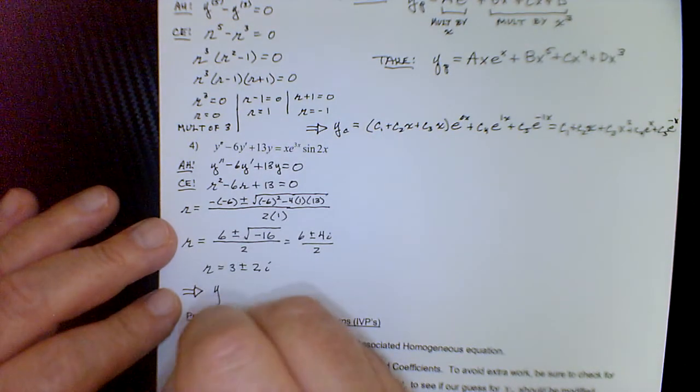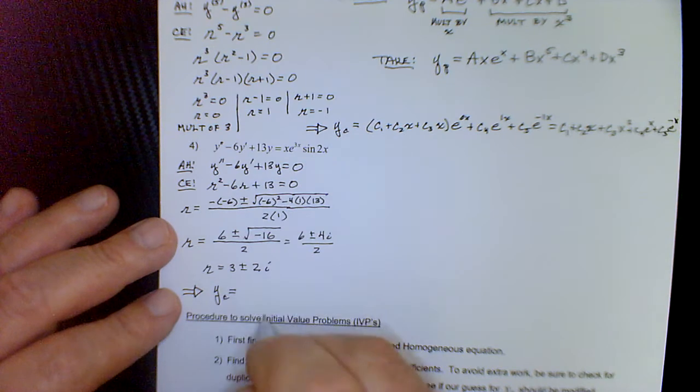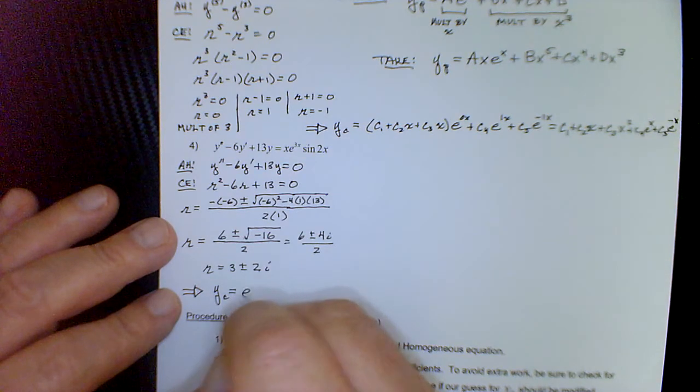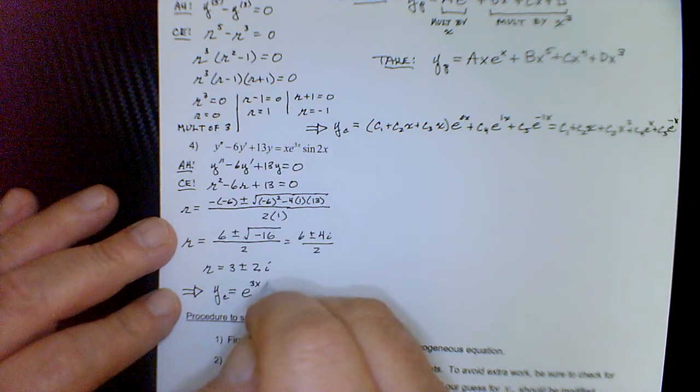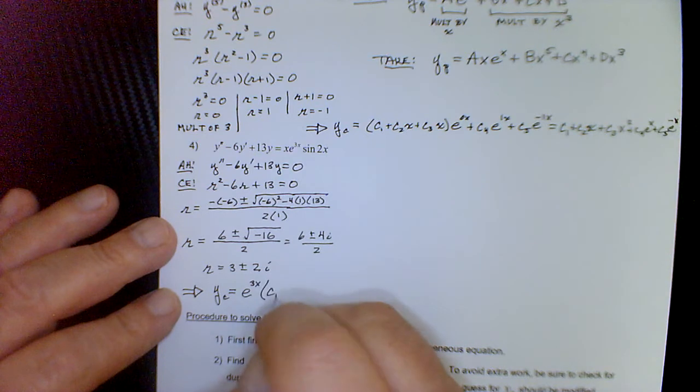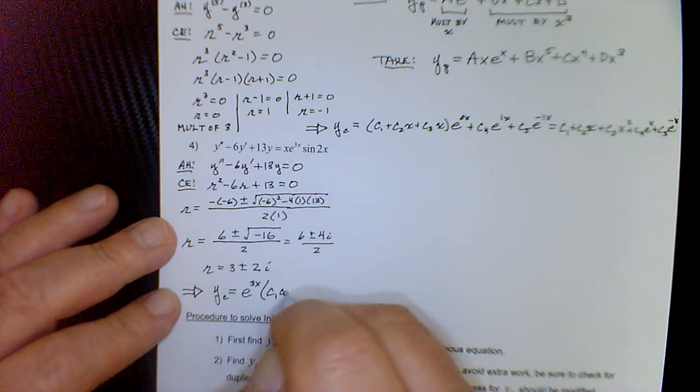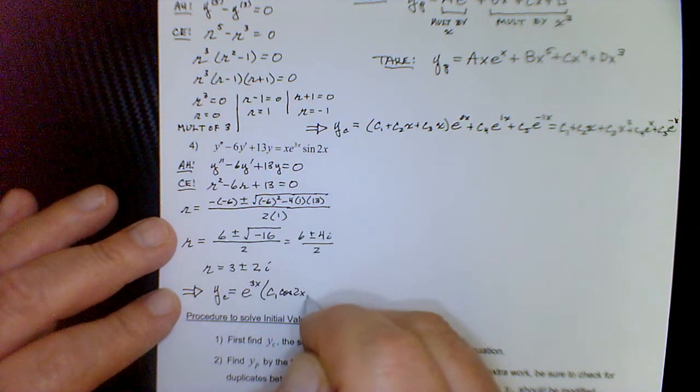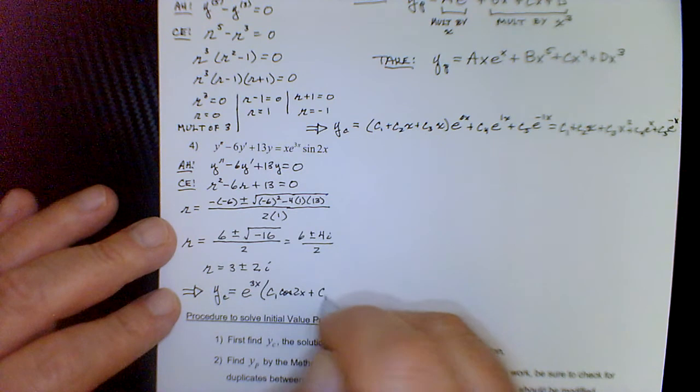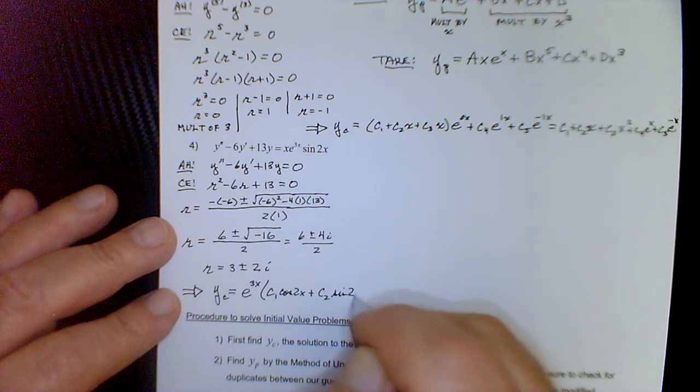The solution is going to be e to the ax, so e to the 3x in this case, and then times c1 cosine bx, so c1 cosine 2x, plus c2 sine of 2x.